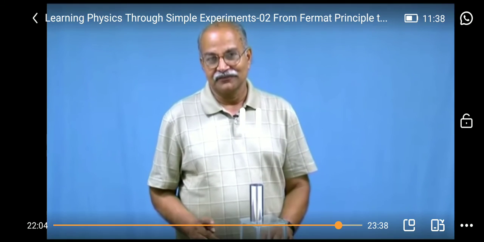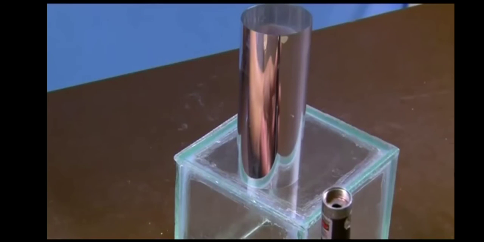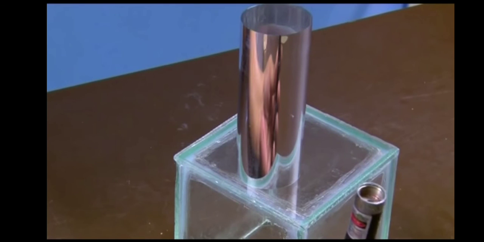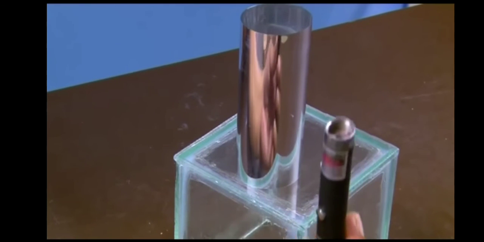If you are looking at reflection from a curved surface, it's the same rules of reflection that will work. For example, here I have a nearly cylindrical mirror, made from shiny aluminum foil, and see how the image is formed. So look at the image of this laser torch that I have in my hand.